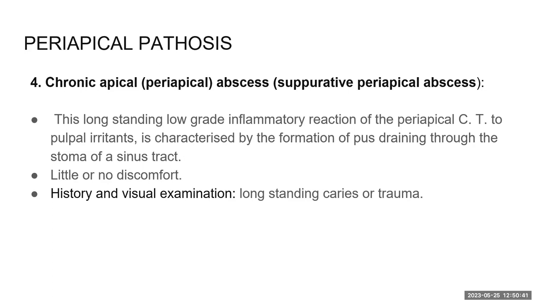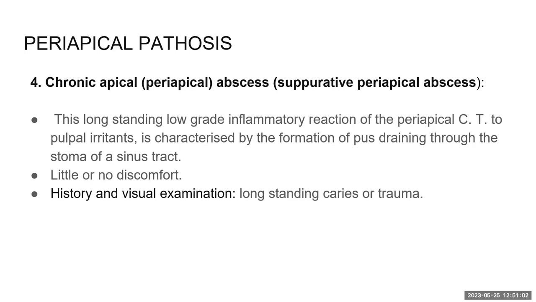There is little or no discomfort. We can put it in the category with pulp necrosis, chronic apical periodontitis, and chronic apical abscess. All three are asymptomatic or have slight discomfort.